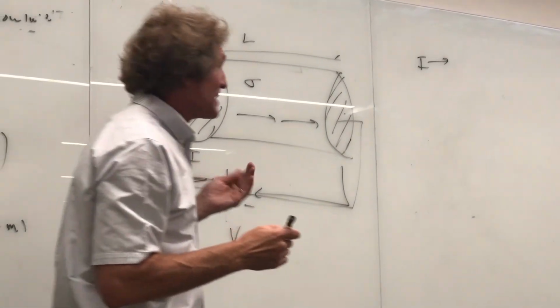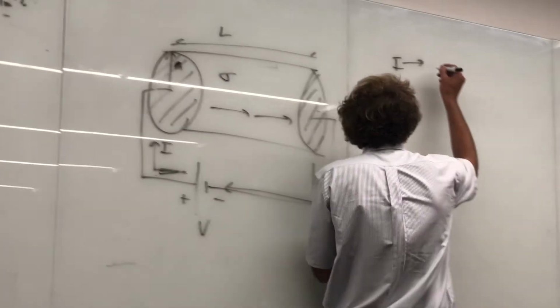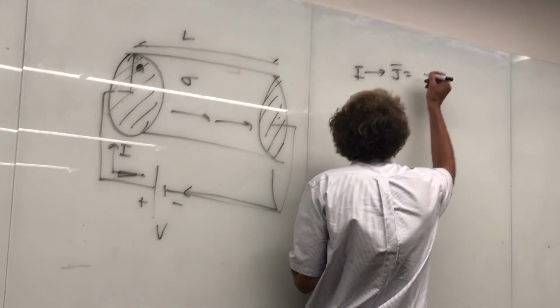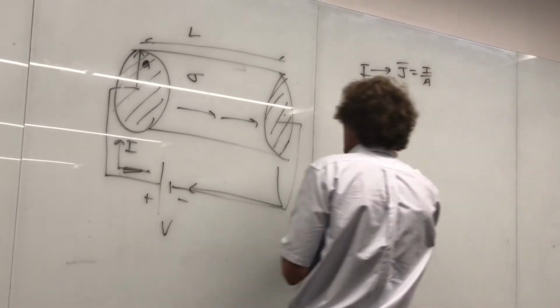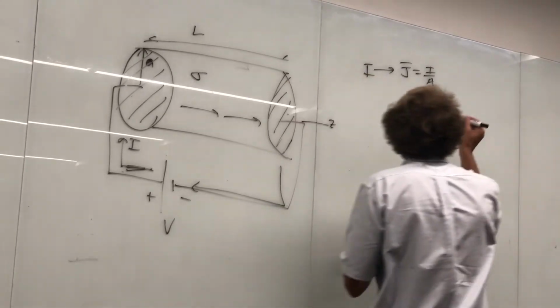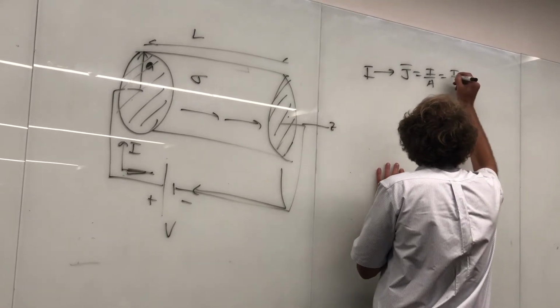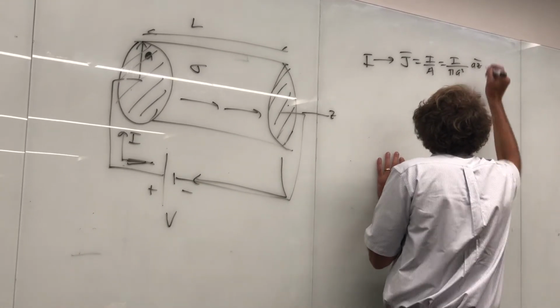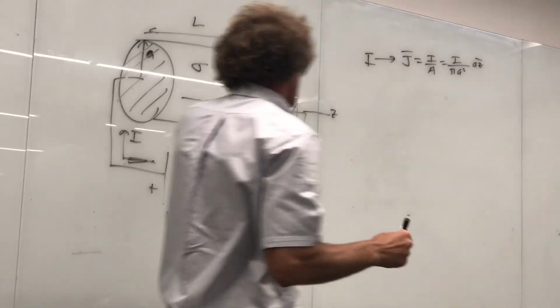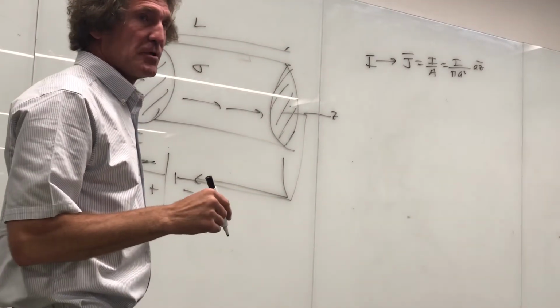All right, that means the current density, J, remember J's current density, would just be what? I over the area, and if I call this the Z direction, then this would be equal to I over pi A squared aZ. A is just the cross-sectional area the current's flowing through. Do you all agree with that?